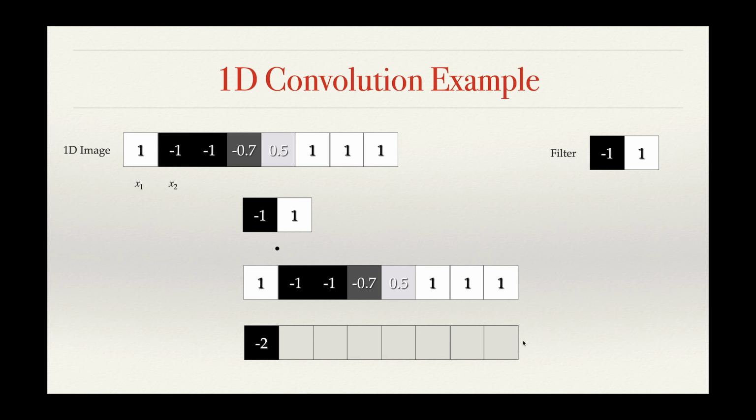So at the beginning, we have this output signal, which will be reduced, but let's say we have the same size as the input signal. And we are at position 1. We do the dot product between these two. We get the value of -2. And we store the value at this position in the output signal.